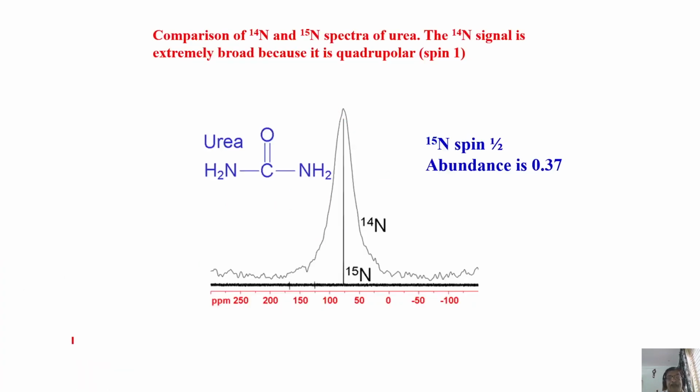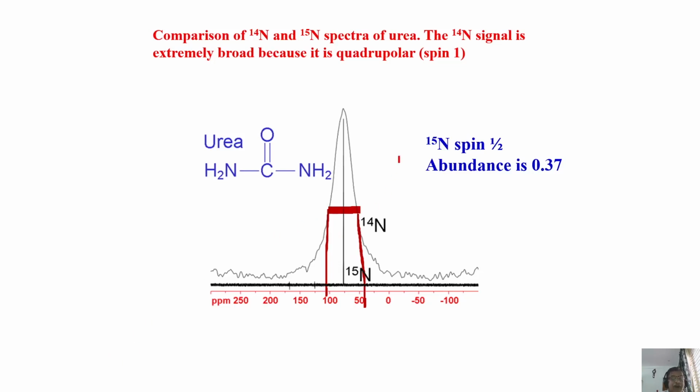Now you can compare the N14 and N15 spectra of this urea. CONH twice is there. Now the N14 spectrum, if you record, is very broad. Look at the width. It starts from somewhere here. Let us say you take the mid here to here, you will take half height. Peak width is approximately 50 ppm. It is a large line width.